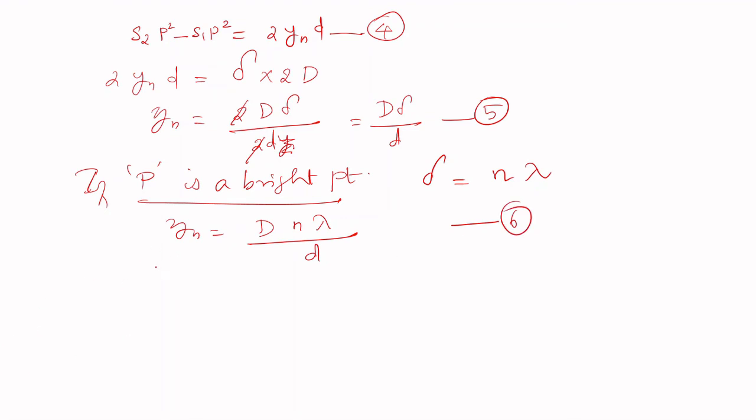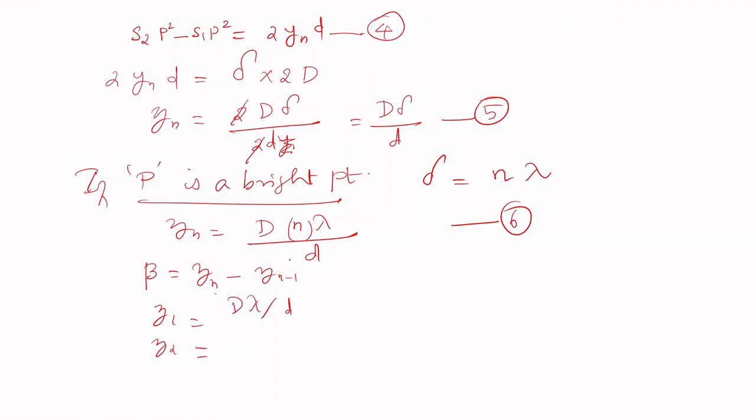Now we will take beta. Beta is like yn minus yn minus 1 or yn plus 1 minus yn, two very close consecutive values. When you subtract, you get beta. So we'll take y1 and y2 to find beta. y1 means n has to be given 1, so that is D lambda by d.